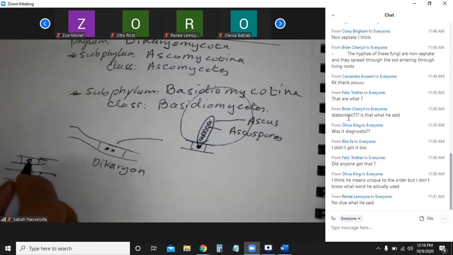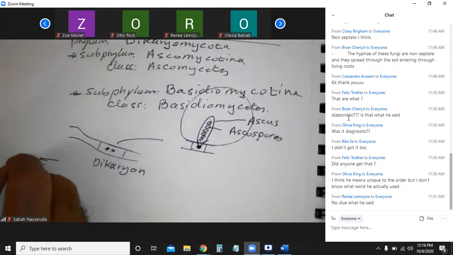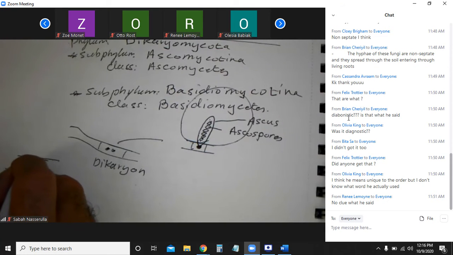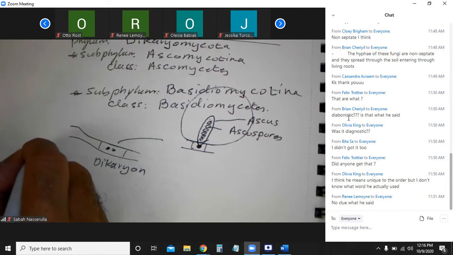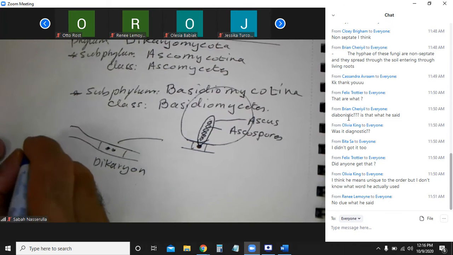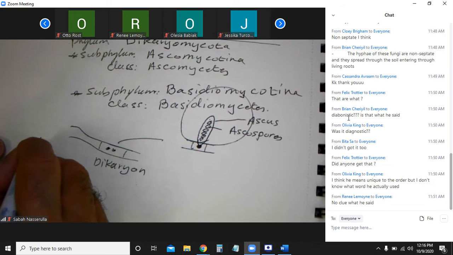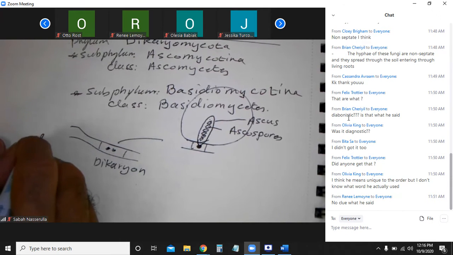So what happens here? Usually the cell develops a small septum like this, after meiosis. Of course, if you have meiosis 1 and meiosis 2, it results in 4 spores. Now in this one, the cell makes a small structure like this, and each of the 4 spores balloons out like this.